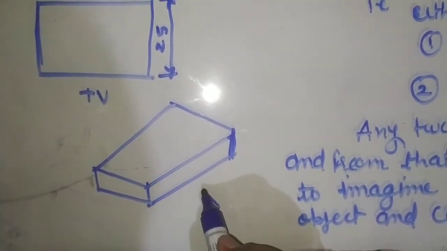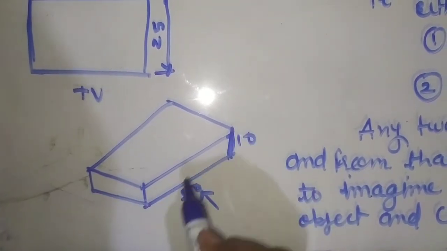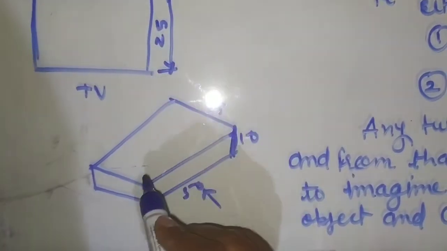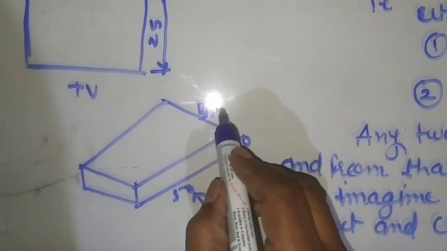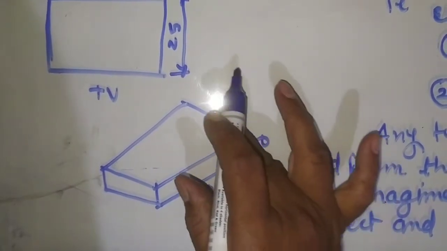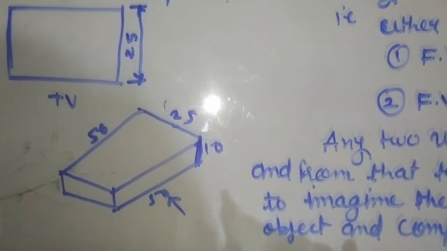This is the front view having a length of 50 and thickness 10, and this is the top view having 50 mm, this is 25 mm, and this is 50 mm. So what will be the side view?